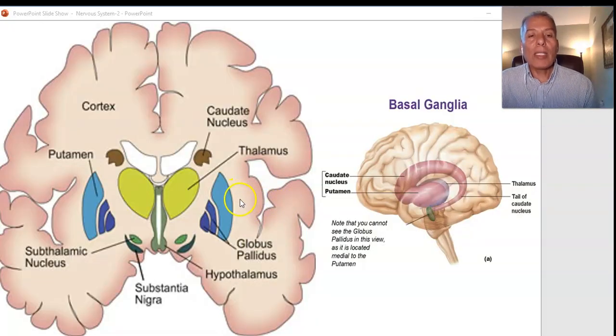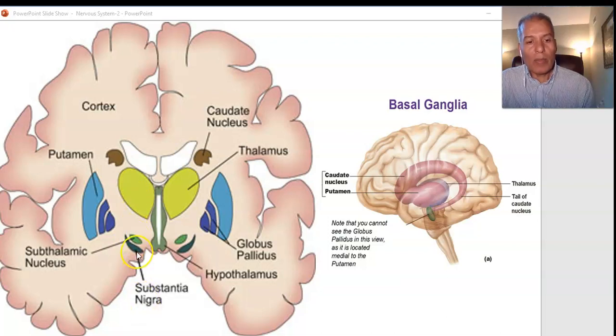So the basal ganglia include 5 major structures. One of them is called the putamen. One is called the globus pallidus. And then we have the caudate nucleus. We have the subthalamic nuclei beneath the thalamus.